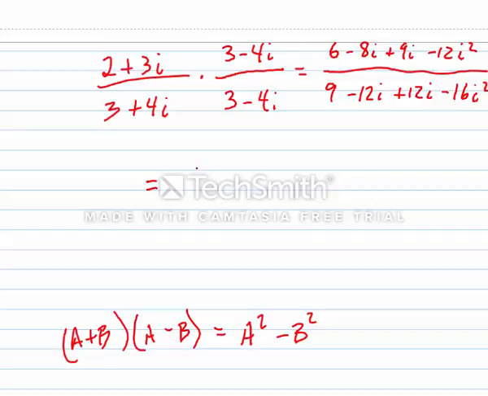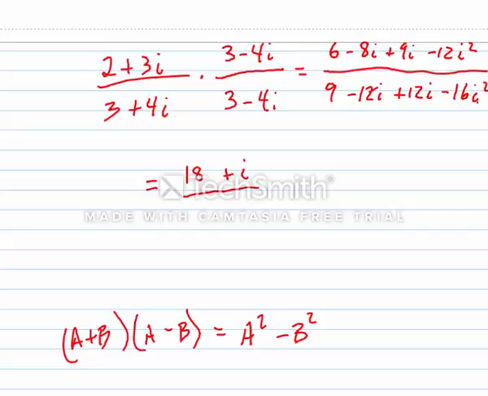Okay, so that's equal to, well, i squared is minus 1, so that's 12. 12 plus 6 is 18. Combining the i's, we get just an i. In the denominator, we get 9. This one cancels with this one.